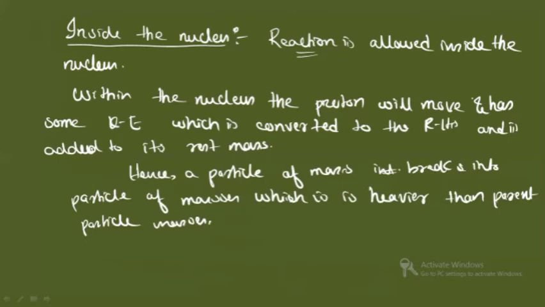Clear? Hence a particle will break into particles of mass which are heavier than the parent particle masses. Clear? Here neutron is having more mass, so the proton will be converted into the right hand side. Clear?